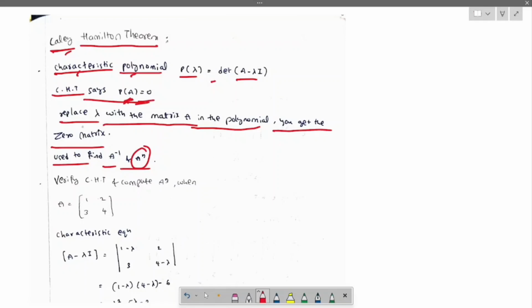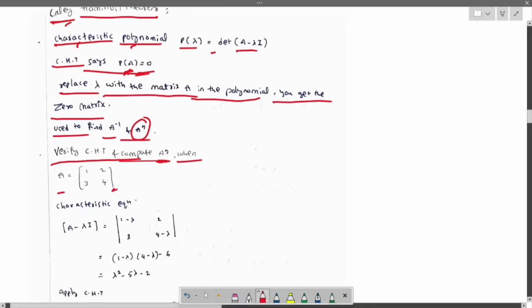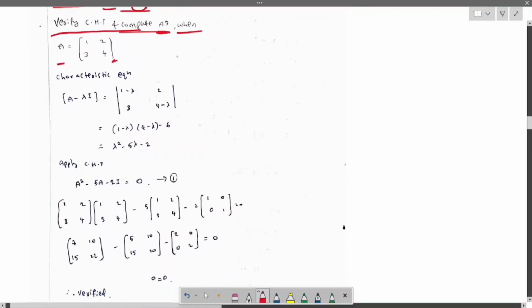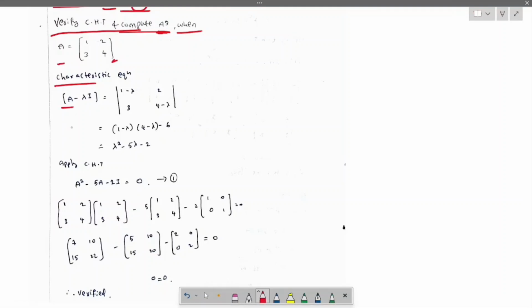Let us go directly into the problem. Here, verify the CHT and compute A power 3, where A is the given matrix. First, let us find the characteristic equation.